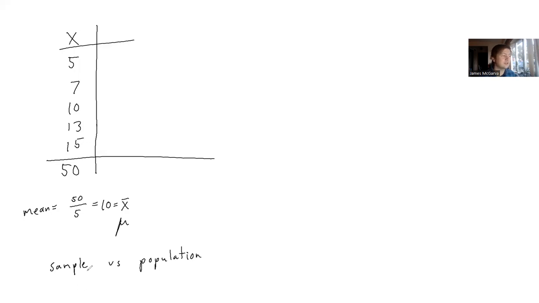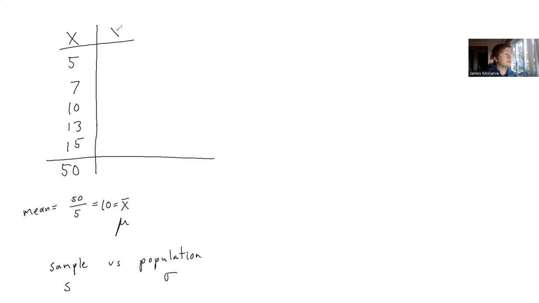So what we're going to be calculating is S, the sample standard deviation. With a population, we have a different symbol, this Greek letter sigma. So it matters for the symbol we use. It also matters for the calculation. We're going to see in one of our later steps that whether we have sample or population is going to make a difference. But in this example, let's suppose the question tells us that this is a sample.